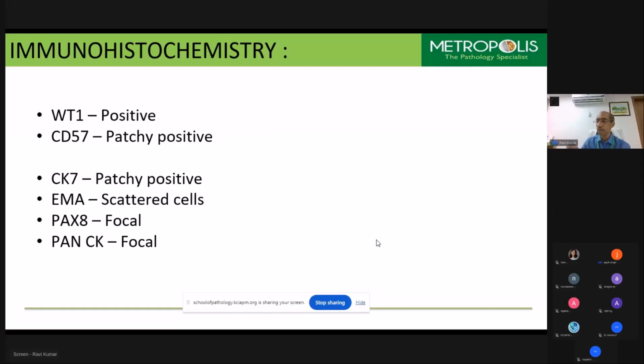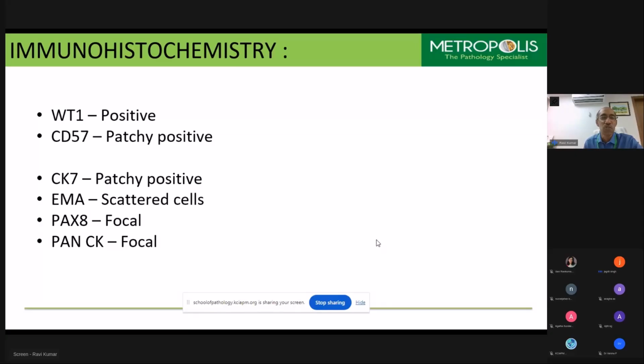So we went ahead and we did this panel of markers, and over here the markers are selected by our experts, Dr. Kriti and Dr. Varsha. They pick up the markers which need to be done, and it's an important thing how you choose your markers. If you do a lot of markers, if you do the wrong kind of markers, you end up having difficulty in interpretation. So the choice of markers is also very important.